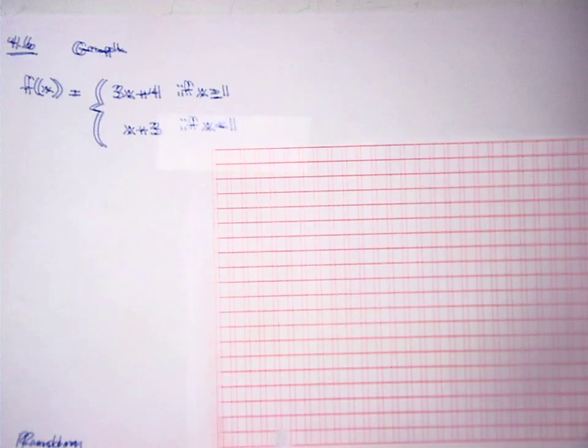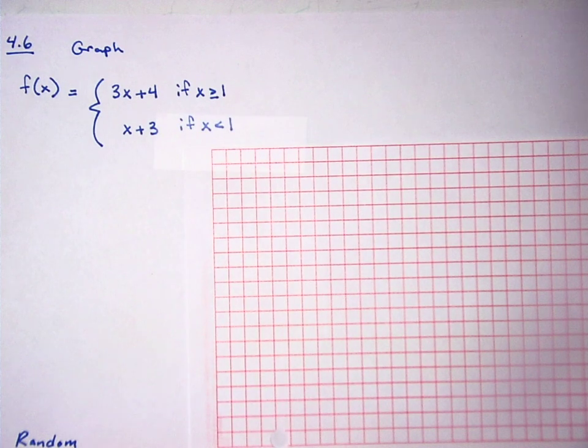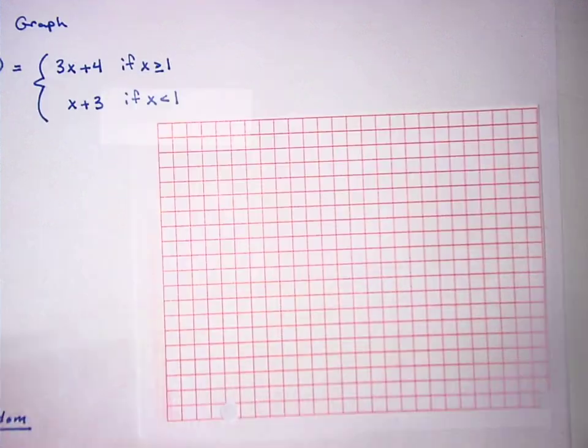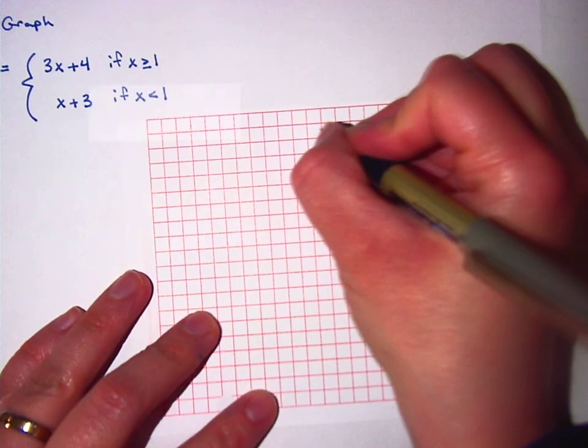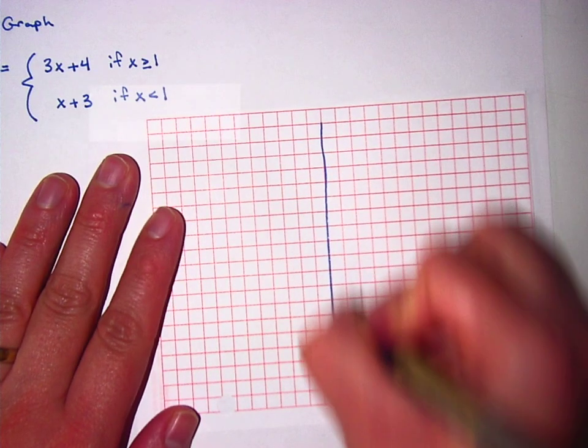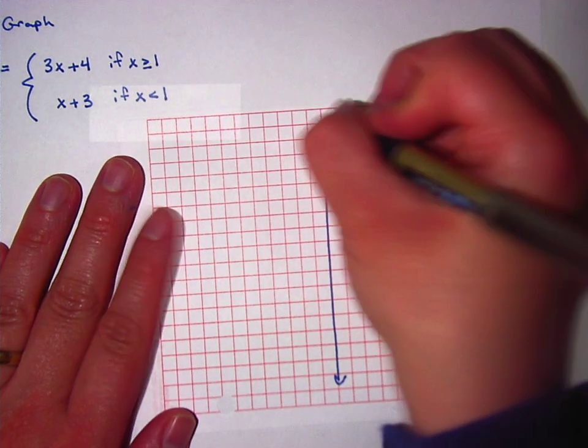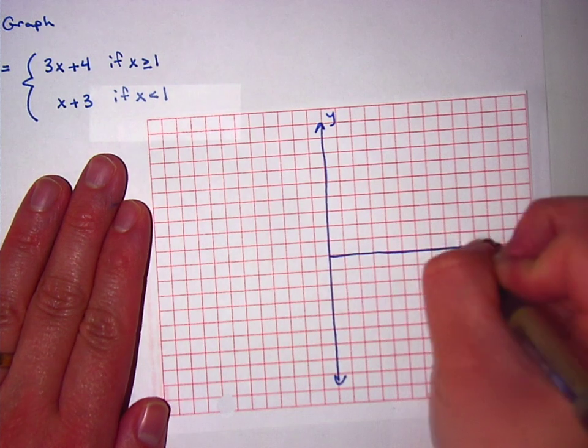Last math one, 4.6. This is the hard one. Oh, and I need colors. Because how else would you do it? Okay, so again, pause the video if you're playing to win.